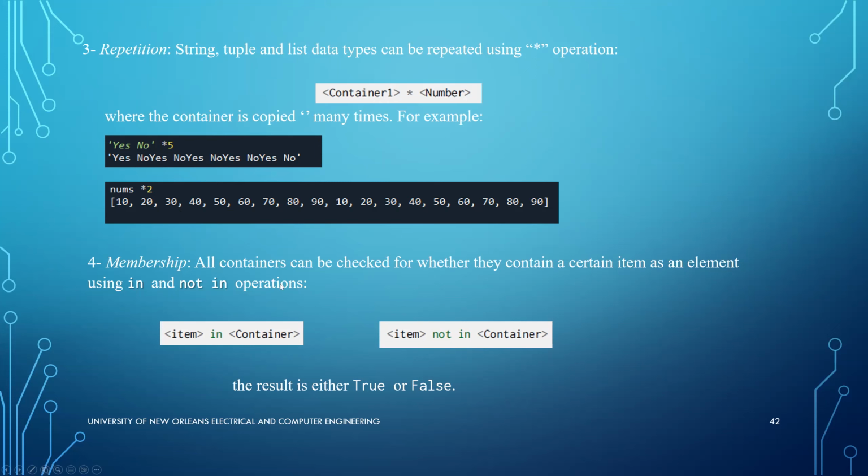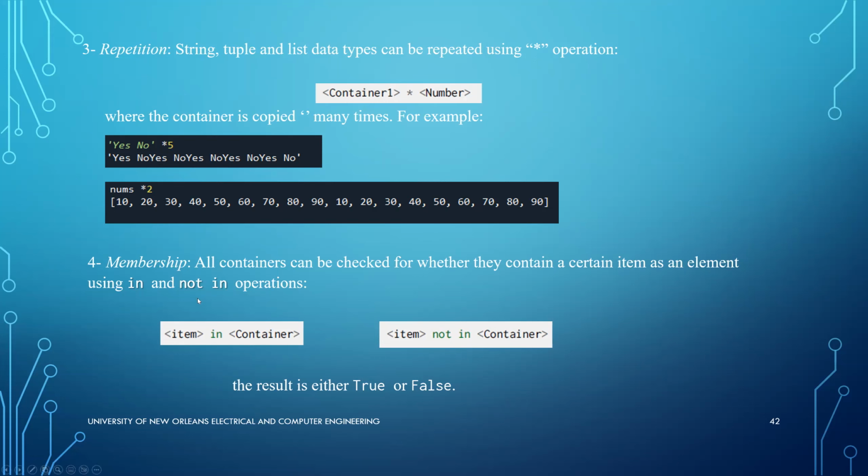The other action that we can do with containers is membership. All containers can be checked for whether they contain a certain item as an element using the in or the not in operations, okay?